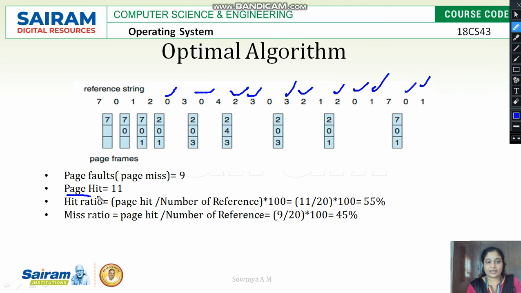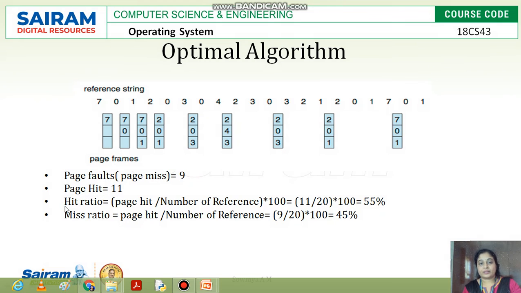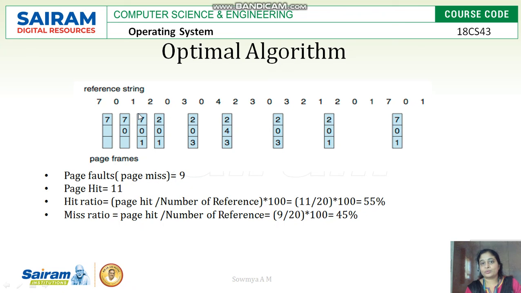So we have 11 page hits and 9 misses. To calculate the hit ratio, it is 11 by 20 into 100, where the hit ratio is 55%, and the miss ratio is 9 by 20 into 100, which is 45%. I hope you understood these two algorithms.